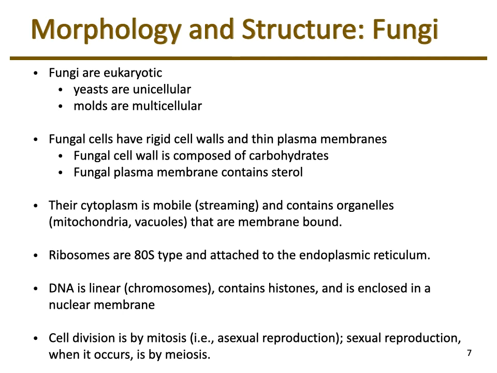Now, fungal cells have cell walls. Those are quite rigid, but then they have thin plasma membranes, and so that cell wall really provides the structure. The cell wall is going to be composed of carbohydrates, where the plasma membrane is going to have sterols present in it. So it does have the phospholipids, but there's also sterol present in it, which helps to stabilize it.